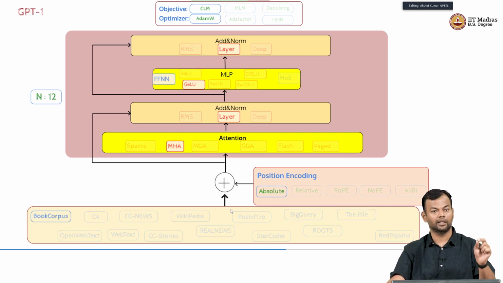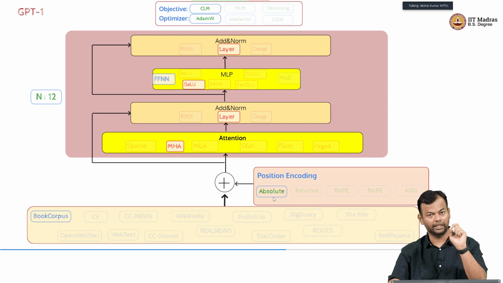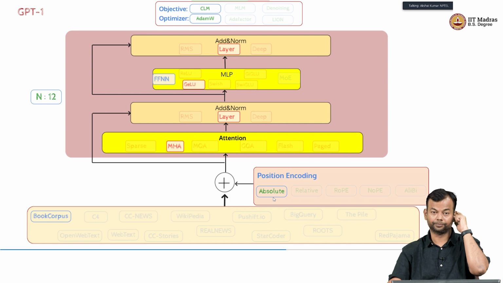So as you can see, for GPT-1, of all the dataset choices that I had, they used the book corpus. They use absolute positional embeddings. This is absolute positional embeddings, you already know. These are the default positional embeddings which we covered when we did the transformer architecture. They use the vanilla multi-head attention, which we had seen in the context of the basic transformer layer.